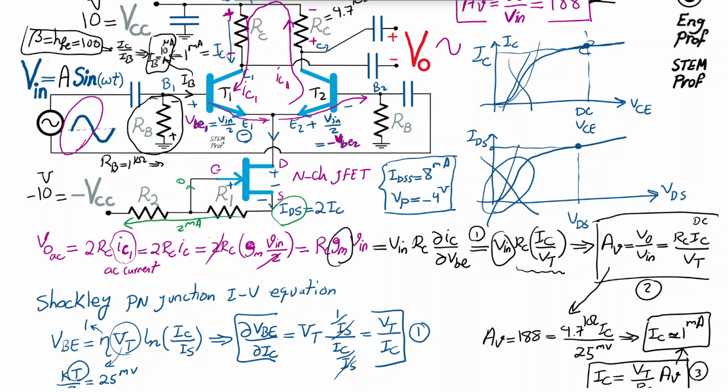But if I select RB 1K, given that there is an IB of 10 microamp passing through it, then the voltage drop across RB is simply 10 millivolt, because 1K times 10 microamp is 10 millivolt. So all I'm trying to say is the voltage of base, given here is grounded, will be roughly -10 millivolt, which is negligible. We can assume that the DC voltage of base of the BJT is roughly 0.